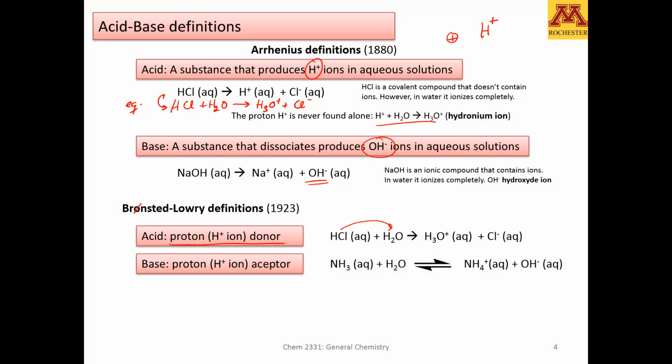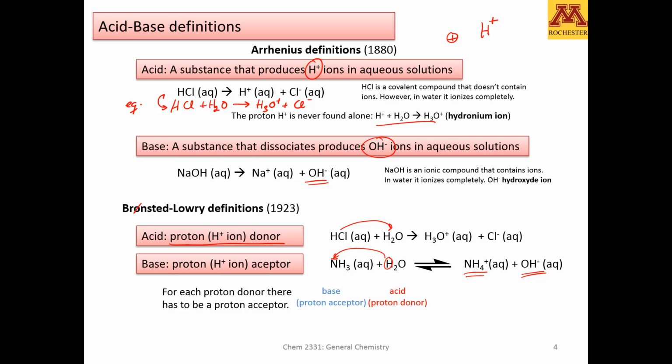And a base will be a proton acceptor. Notice there are no OHs, and this is why the Arrhenius definition wasn't good enough, because you cannot see any OHs in here. But if you think of ammonia as having a lone pair that can accept one of these protons, you will have the ammonium ion, and again it will create hydroxides.